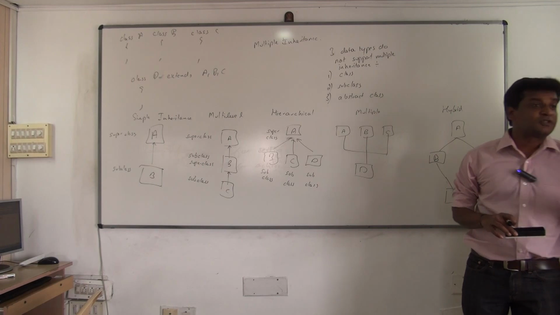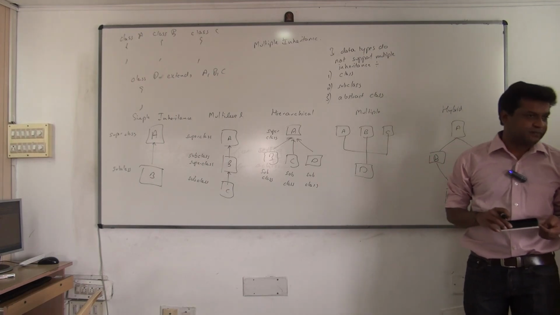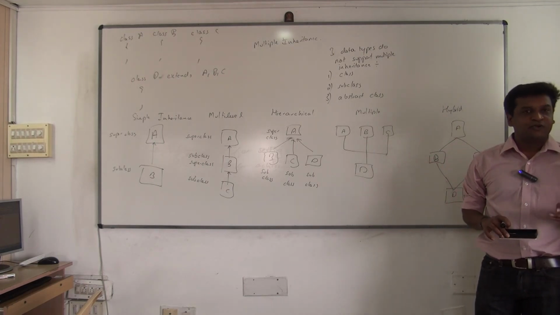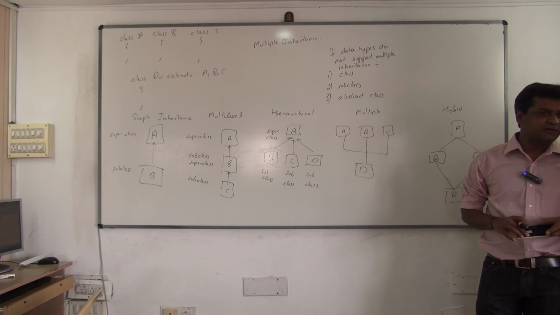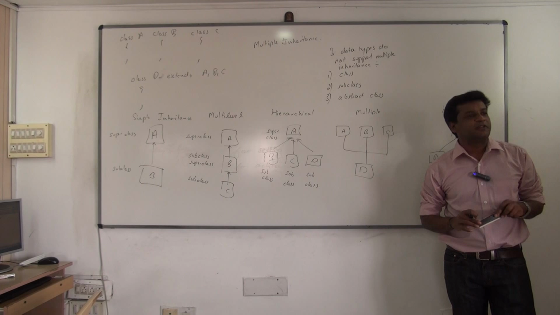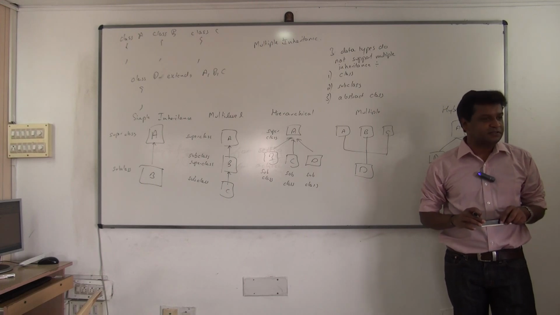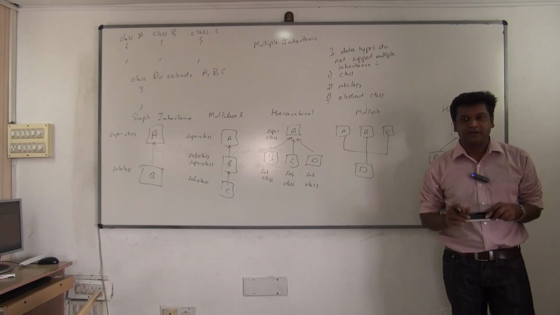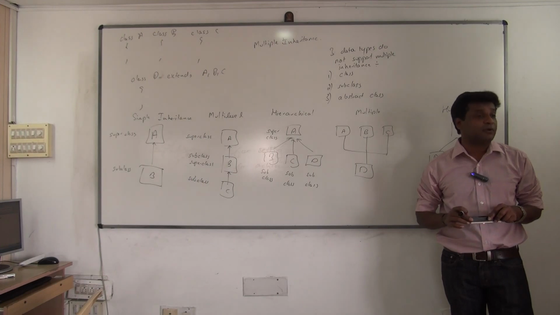In other languages, most of the languages like C++, it is allowed. And I'll show you the problems you face in doing multiple inheritance. Java observed all these problems, so they thought they would not support multiple inheritance. They did not support it initially, but later they realized the support was required.